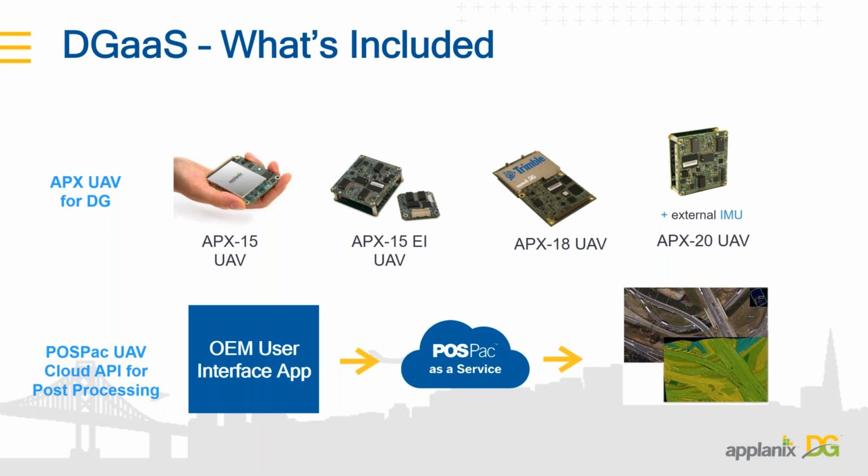So we provide the API to our OEM partners who basically embed this technology into their own cloud services and then create this overall services offering, whether it's for a sensor payload or for a complete UAV system. So let's take a look at the board set, then we'll take a look at the cloud service.